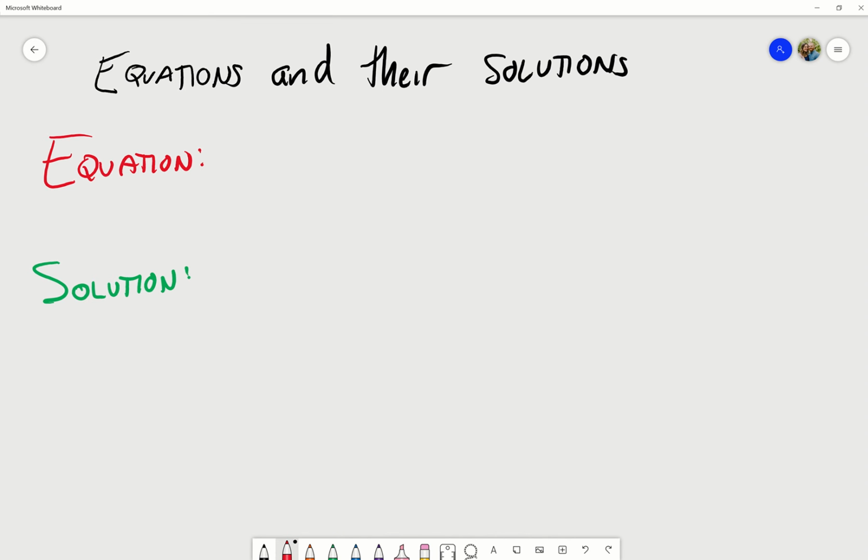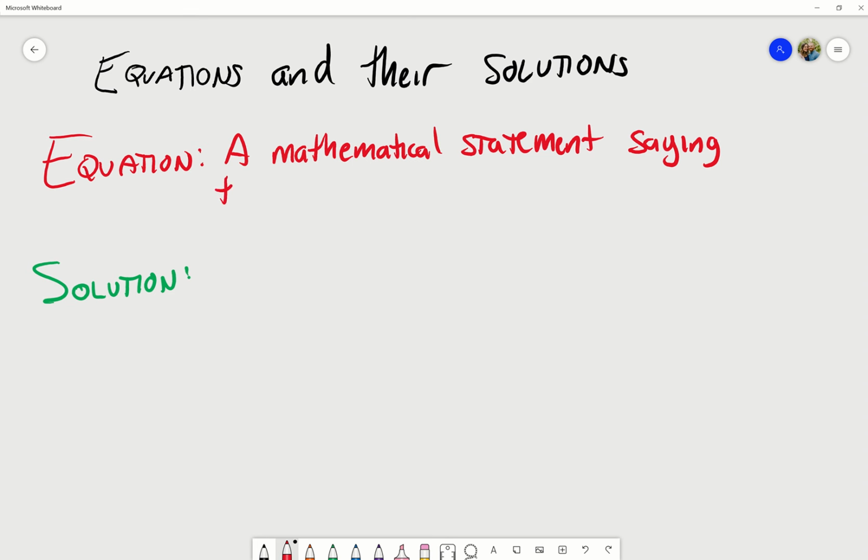And an equation is a mathematical statement saying that two expressions are equal in value.